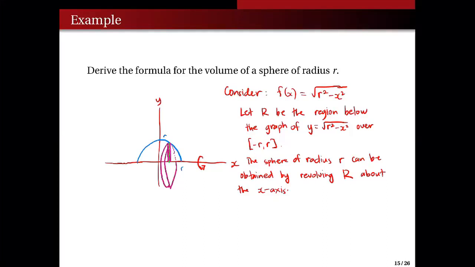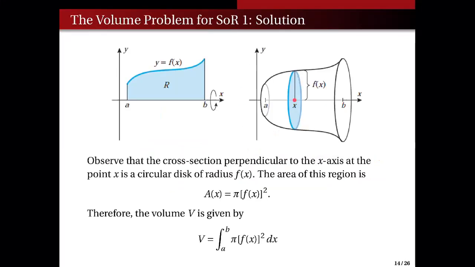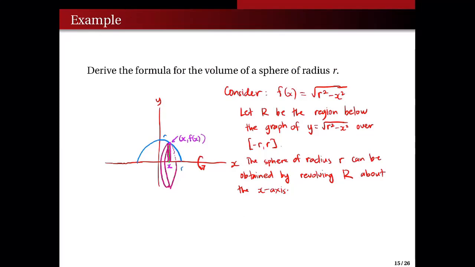If this were x in here, then this guy here has coordinates x comma f of x, and the radius of this particular disk is f of x. So the radius of this disk here is f of x.